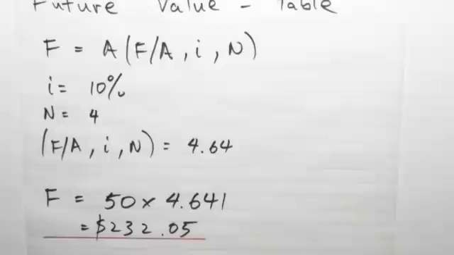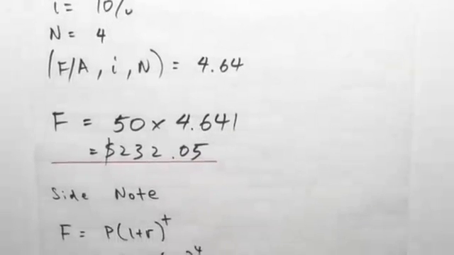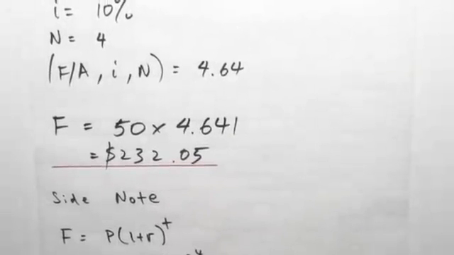One other quick side note is that if you were ever asked to find future value or present value, you don't need to find both of them. As we remembered from one of the earlier lessons, we can calculate future value using the present value if we know the period of time and the interest rate.